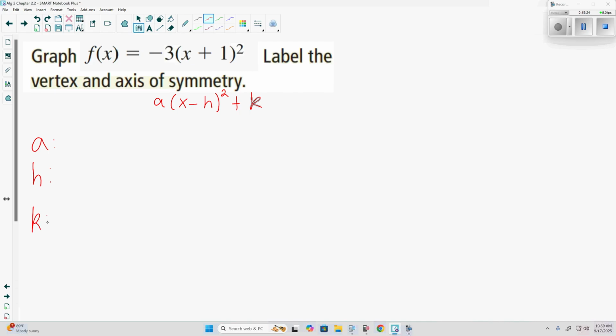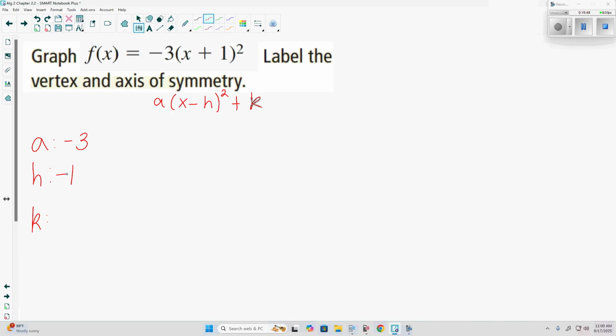Let's look at this one here. F of x equals negative 3 times x plus 1 squared. So our value of h and k. What's the value of a? A is negative 3. H, it is 1, but it would be negative because we have x plus 1, it's going to have to come out as negative 1.